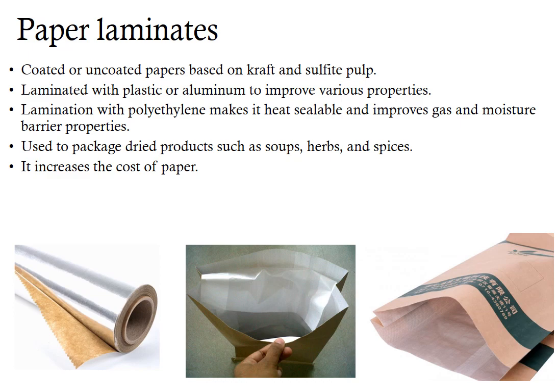They can be laminated with plastic or aluminium to increase their properties. Lamination with polyethylene makes them heat sealable and also improves their gas and moisture barrier properties. Usually they can be used for packaging of dried products such as soups, herbs and spices. However, lamination increases the cost of paper and packaging.